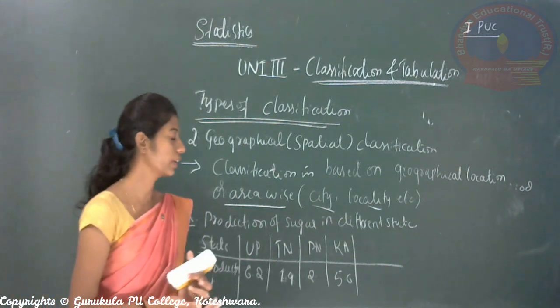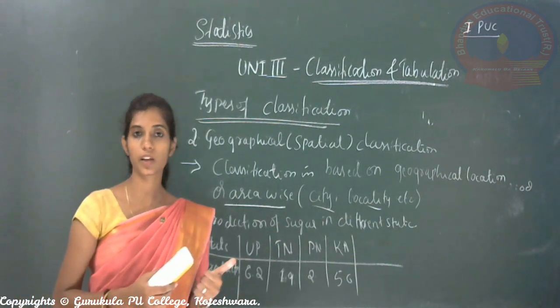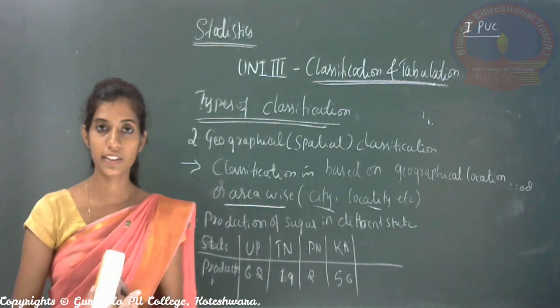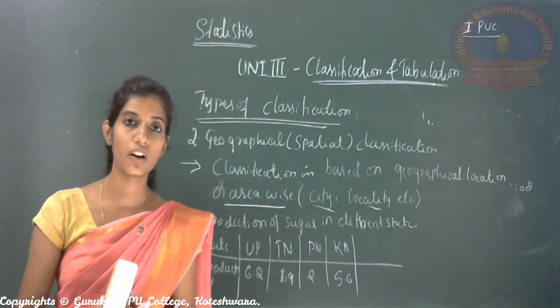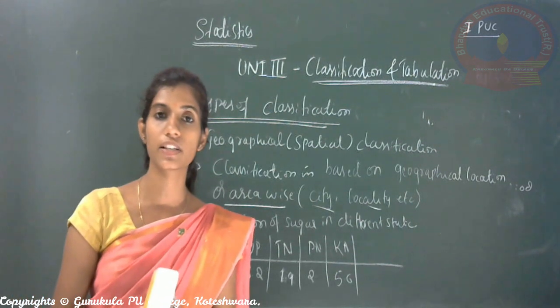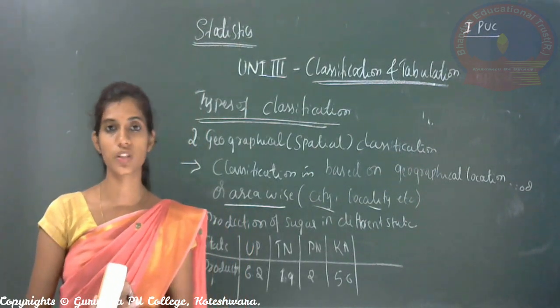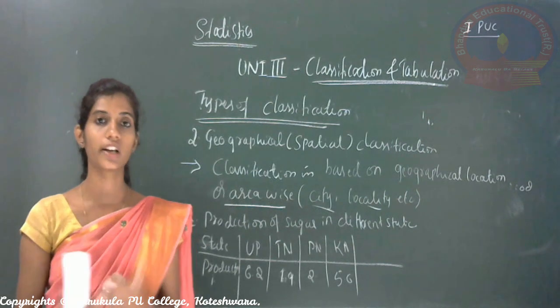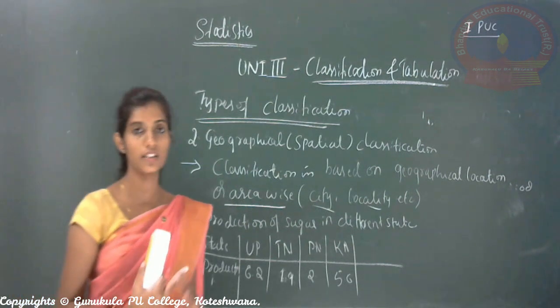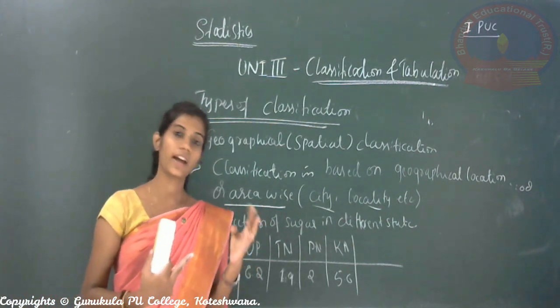Qualitative is nothing but the characteristics which cannot be expressed in terms of numbers, or numerically it is not possible for us to measure. Such characteristics are known as qualitative or attributes.